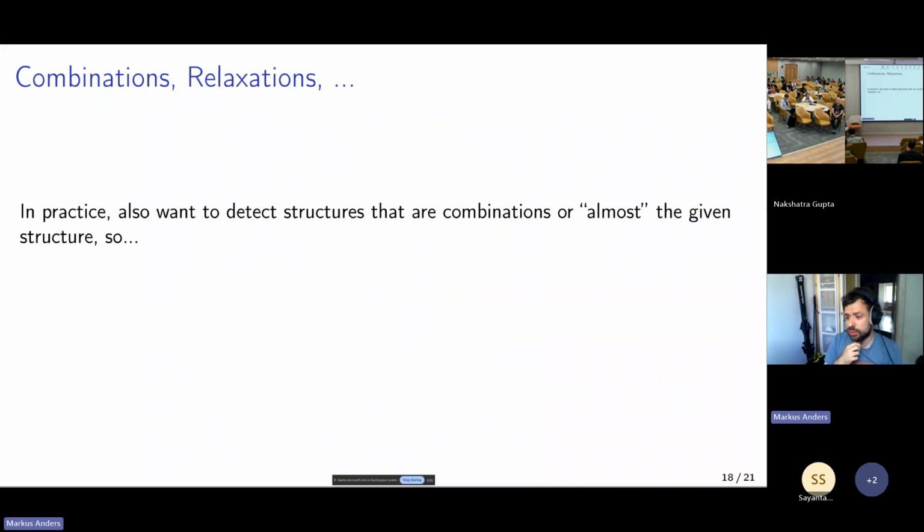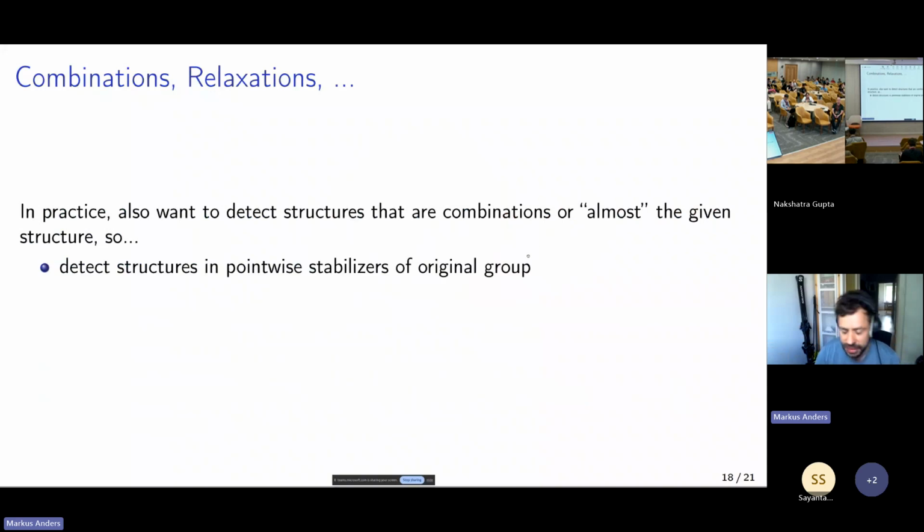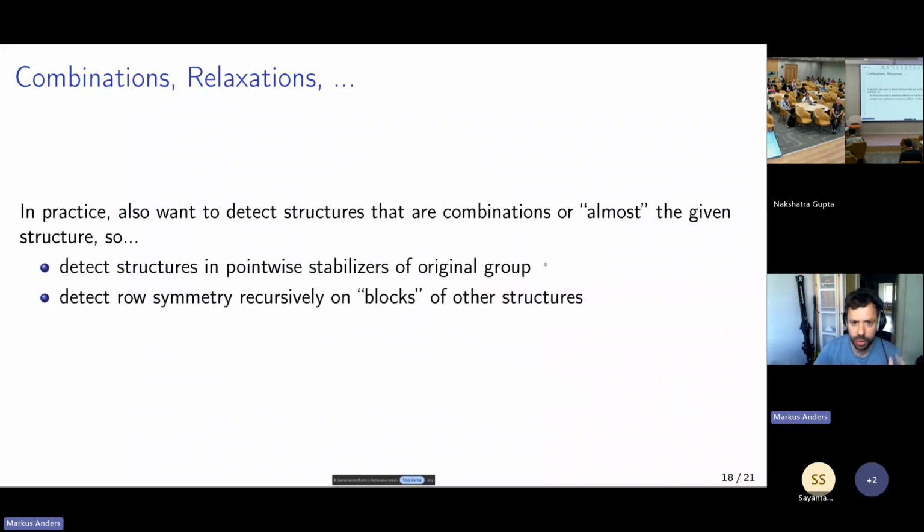I think we also want to know whether we are dealing with a combination of these structures or something that is almost the structure that I've talked about. The implementation has some extensions for dealing with combinations and relaxations of these groups. However, this might not be as sophisticated as it should be, so I think maybe there's some room for improvement.